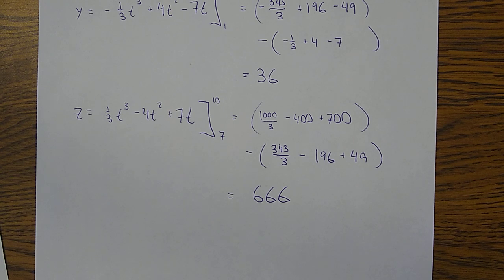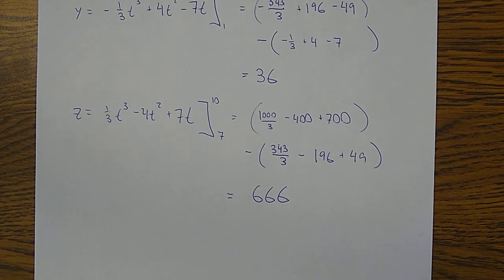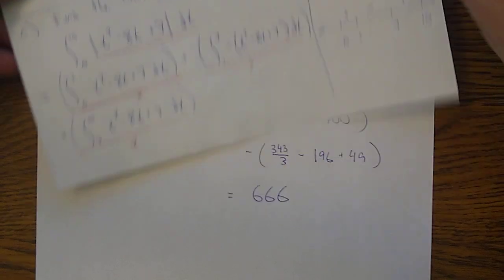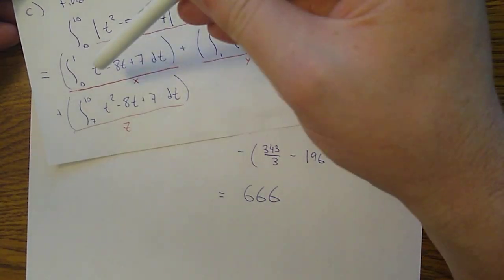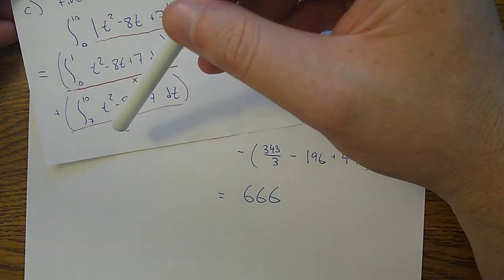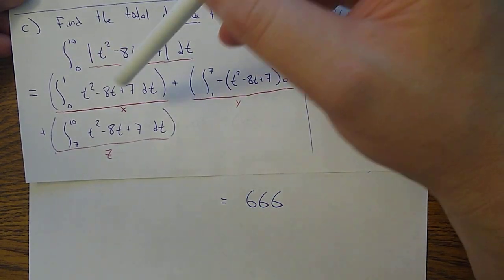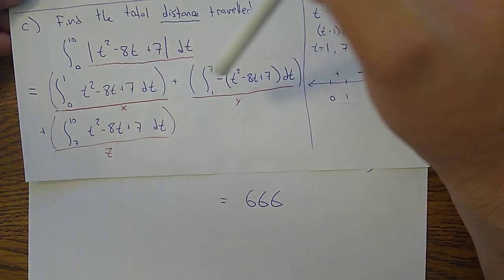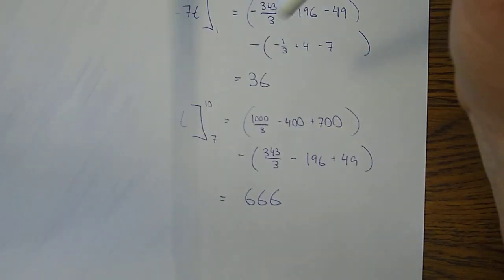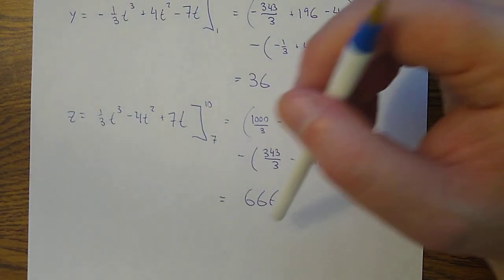So, right, in the end, sorry, I know that took a long time. Our answer was just x plus y plus z. We broke our original thing into 3 parts, and one of them was x, one of them was y, one of them was z. We found x, we found y, we found z.